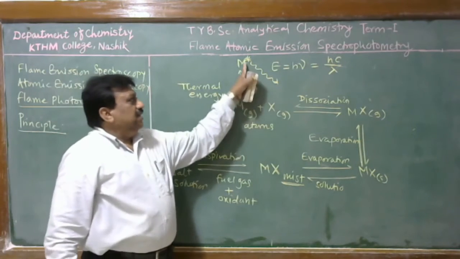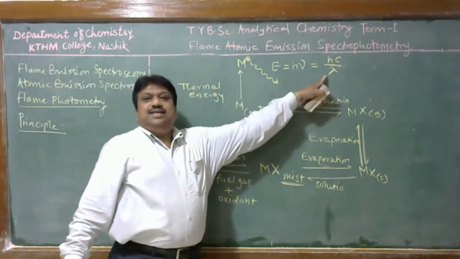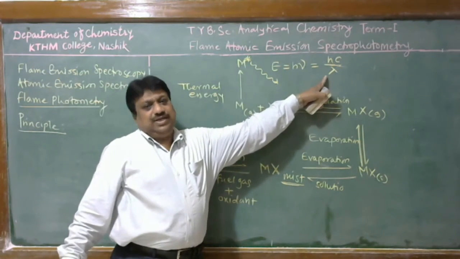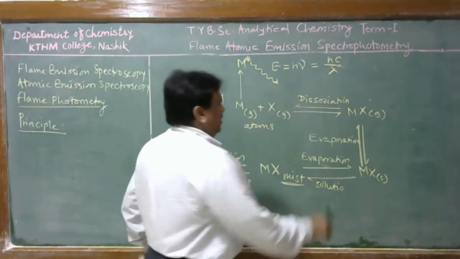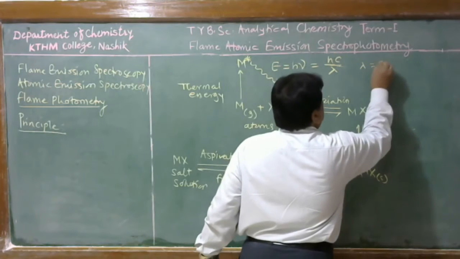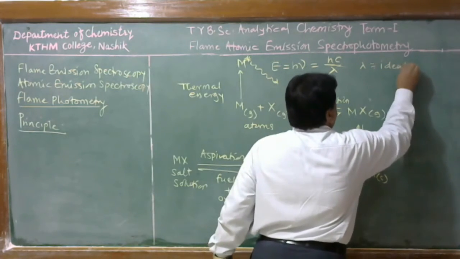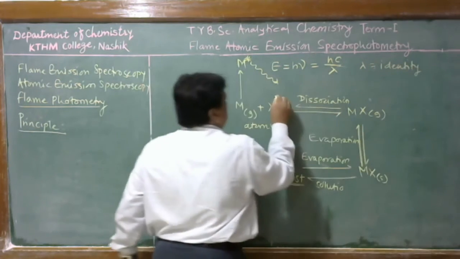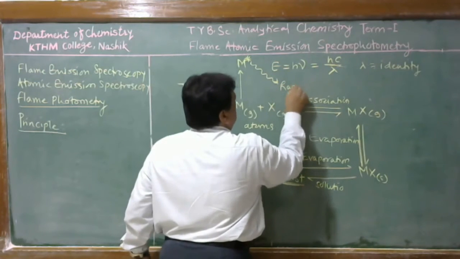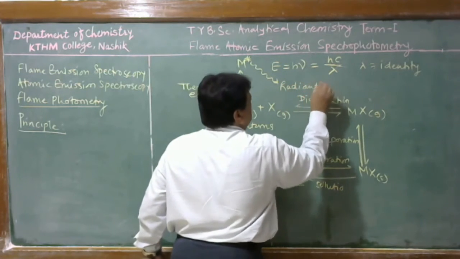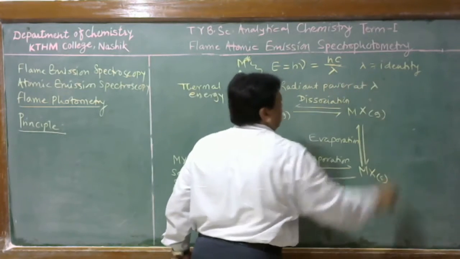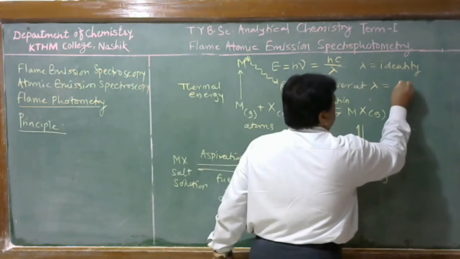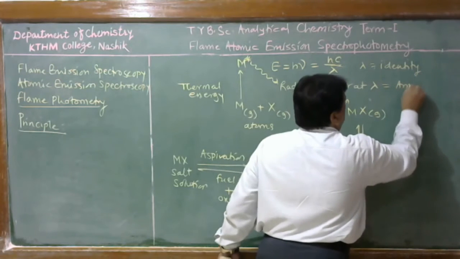Therefore, here a characteristic color is emitted by this particular emission, and that is the identity of the material. Therefore, here lambda is the identity. And when we measure the radiant power of this emission at that specific wavelength, then it is related with the amount of material.